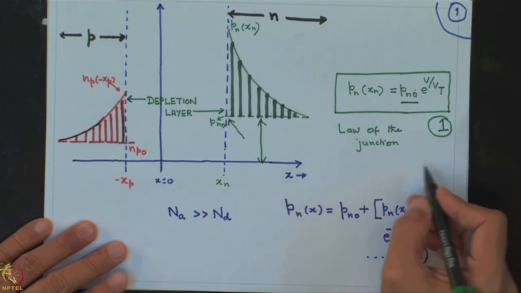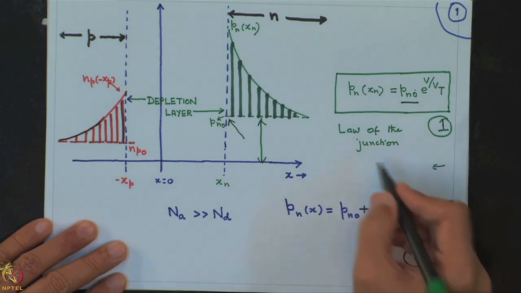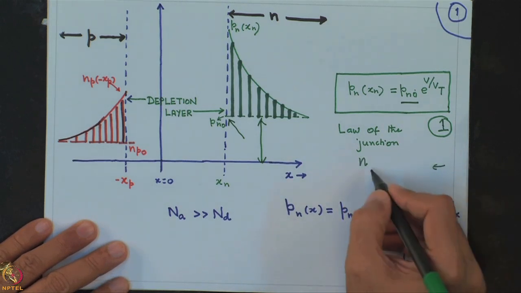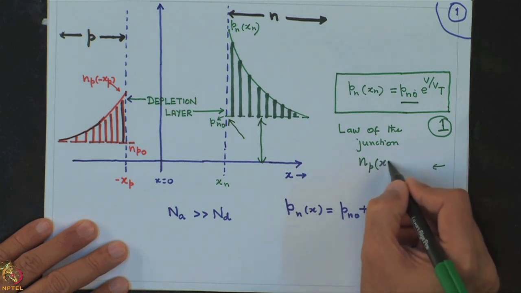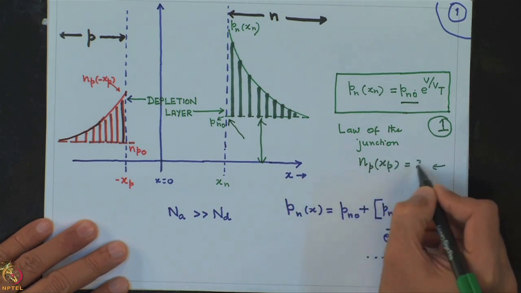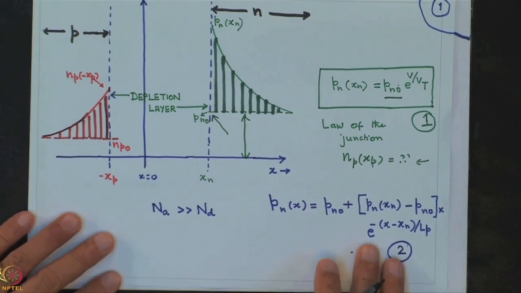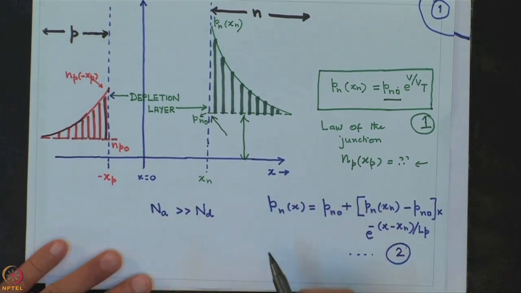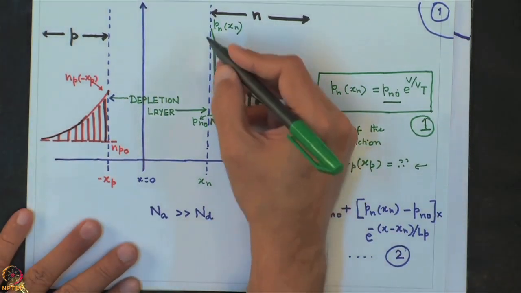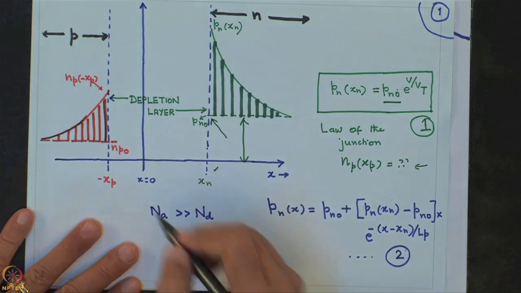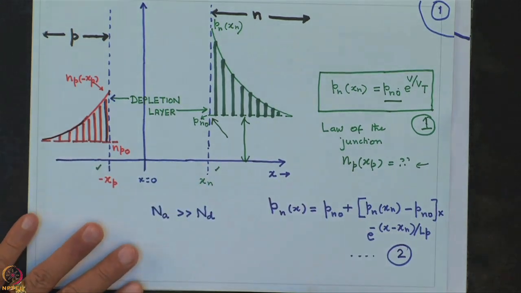I can write a similar equation for n-type charge carriers in P at x equal to minus xp. So now we know the concentration of the minority carriers at the two edges: at xn and also at minus xp.